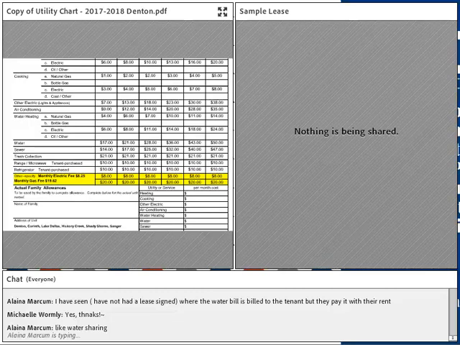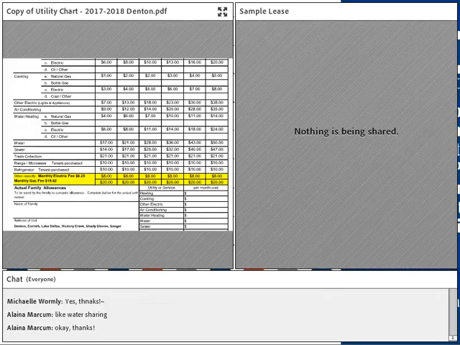If they're paying sewer, now, with water sharing, I don't think that the notice actually clarifies when they're non-metered utilities. I would default to how your public housing authority uses this form. So if your public housing authority is giving people water allowances in that situation, then you should as well.